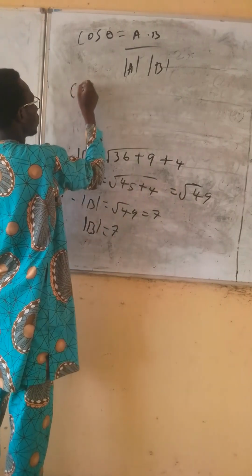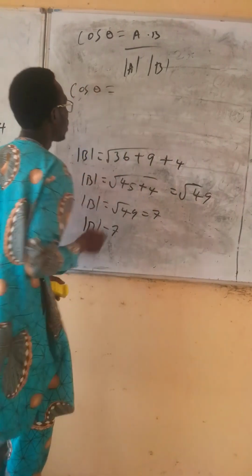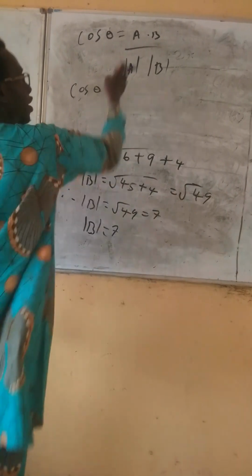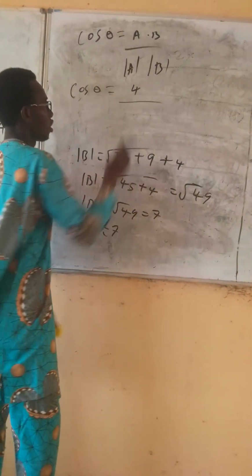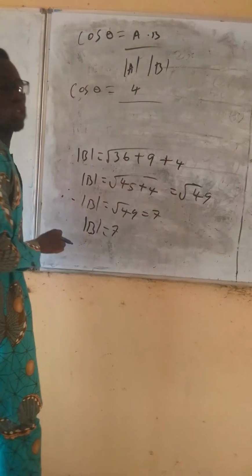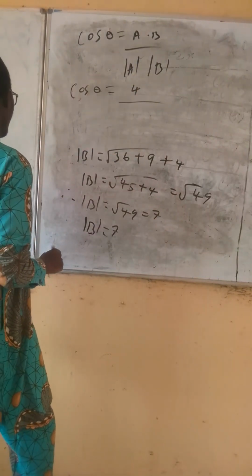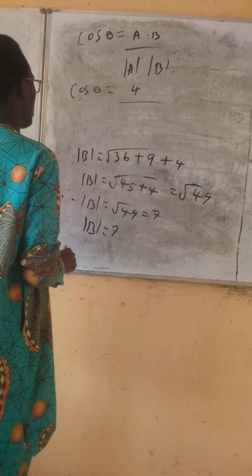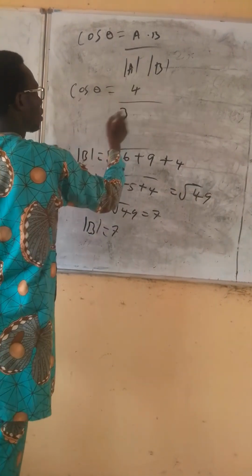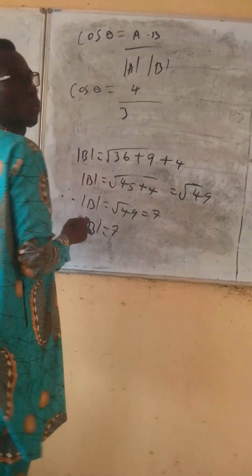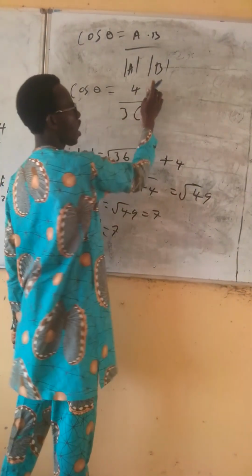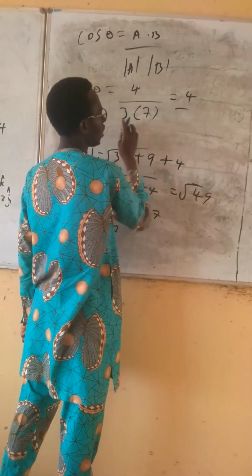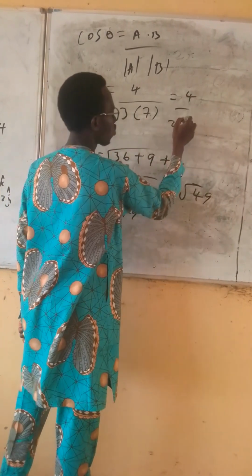So we have cos theta equals a dot b. A dot b, we got it as 4, and the modulus of a we got as 3, and the modulus of b we got as 7. So 3 multiplied by 7 is 21.